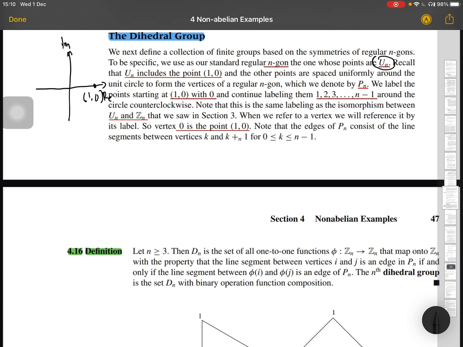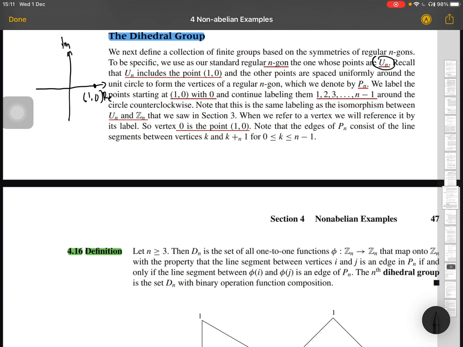That's how we denote Pn and how we label it, right? So going around the circle counterclockwise, this is the same as the relabeling isomorphism between the nth roots of unity and the integers modulo n that we saw in section 3.